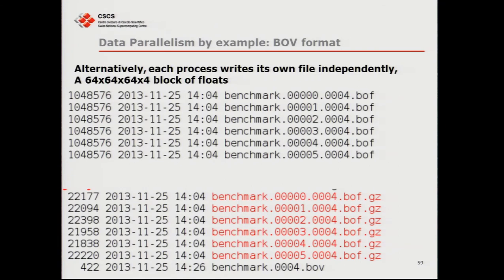So this is the time step, step number 4, and this is processor 0, 1, 2, 3, 4, 5, 6. And each of them, you see, is exactly 1 megabyte, which means that it was exactly a block, well, in 3D, 64 by 64 by 64 by 4 bytes.